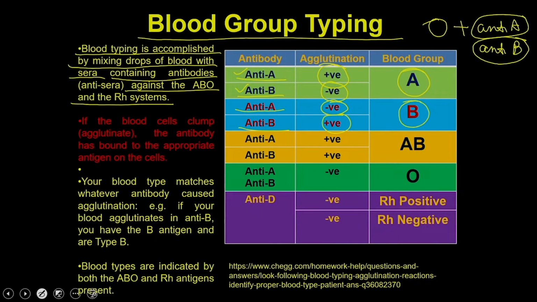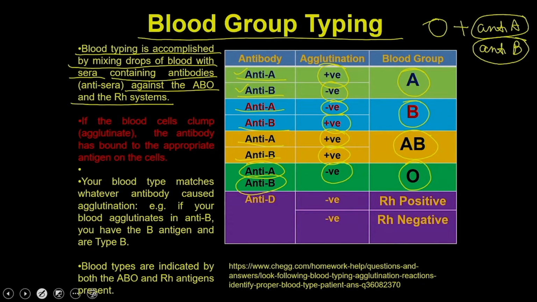If both antibodies give the agglutination reaction, then the blood group is AB, whereas if you do not get agglutination for anti-A or anti-B, then you have the blood group O.